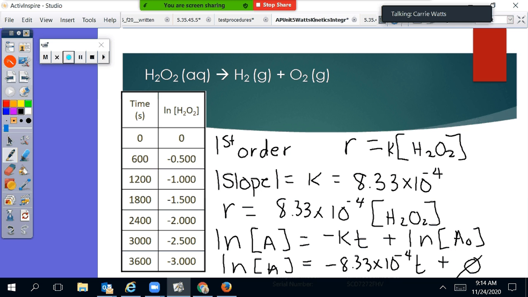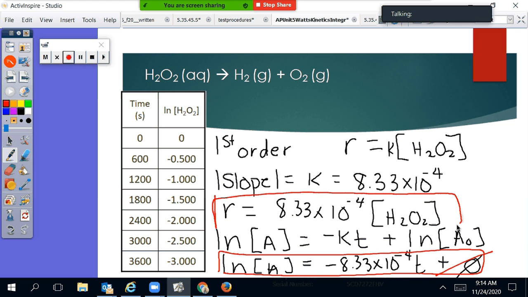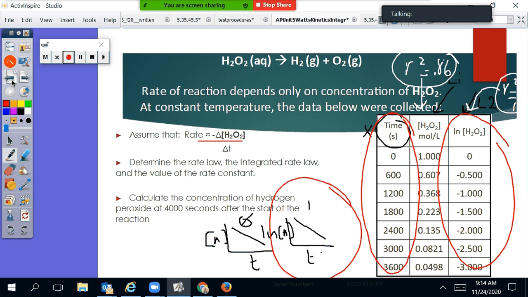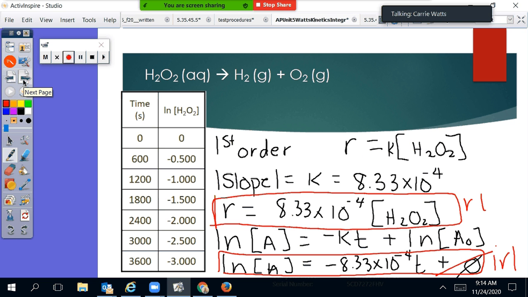And that is your integrated rate law. So there's your rate law, your integrated rate law. And then the last thing they asked for was the rate constant, which we also determined, which is the absolute value of the slope. That's been determined right here.